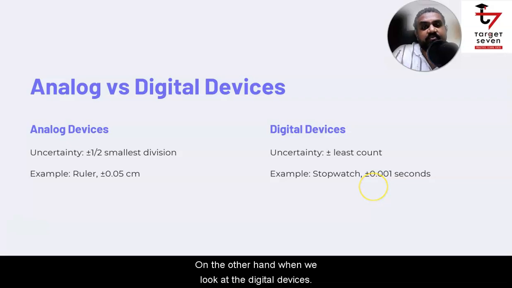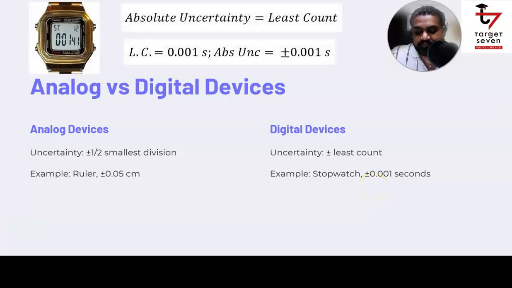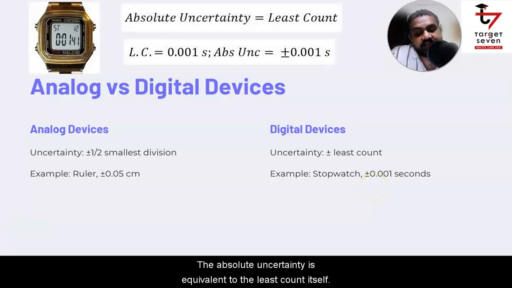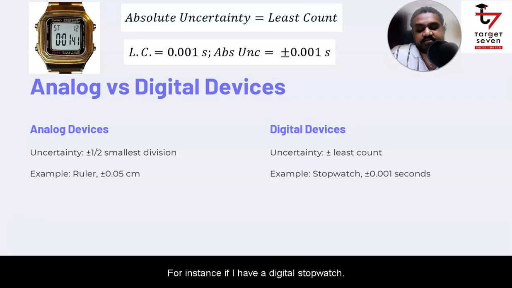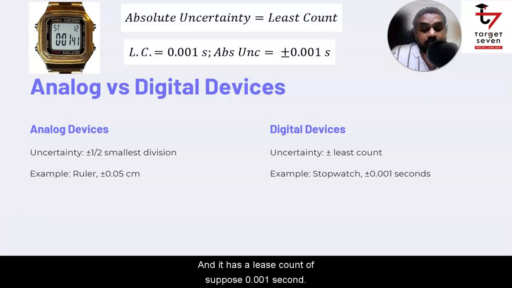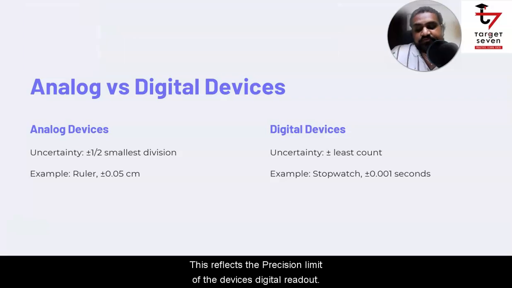On the other hand, when we look at digital devices, the absolute uncertainty is equivalent to the least count itself. For instance, if I have a digital stopwatch with a least count of, suppose, 0.001 second, then the absolute uncertainty is 0.001 second itself. This reflects the precision limit of the device's digital readout.